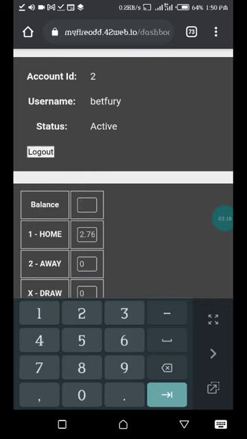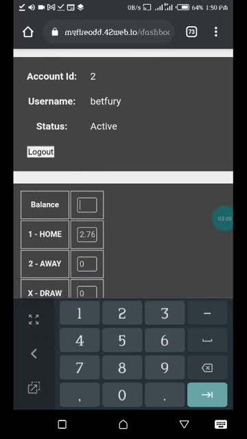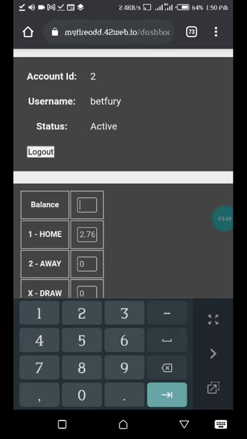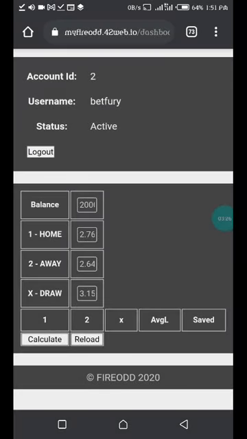I currently have 2,000 in my account. I'm going to fill up all this and get back to you in a second. I've copied and pasted the odd, and I'm going to show you in a second why I picked this game and why it's a good opportunity to make profit.